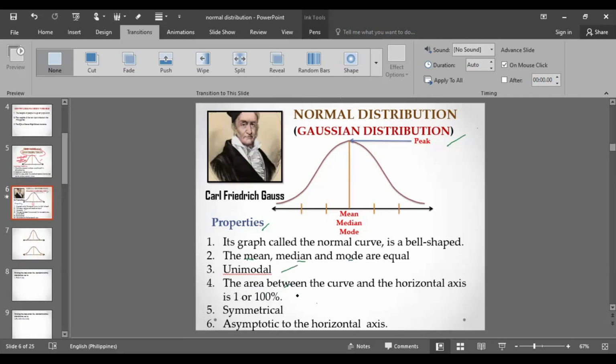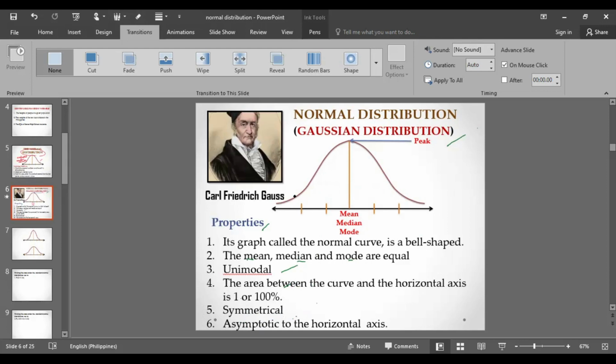Number 4, the area between the curve and the horizontal axis is 1 or 100%. So the entire area of this region is 1 or 100%. Number 5, it's symmetrical. Symmetrical means that the left part of this graph is like a mirror image of its right part.